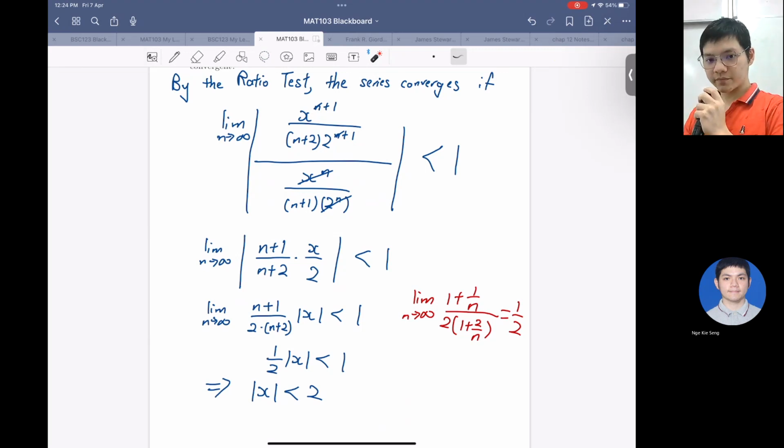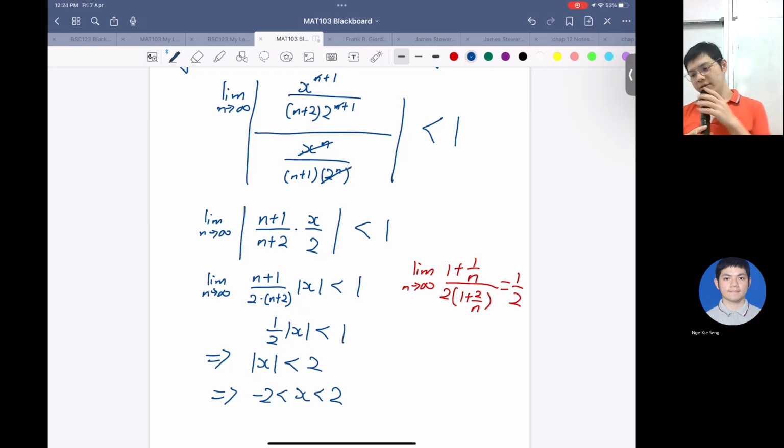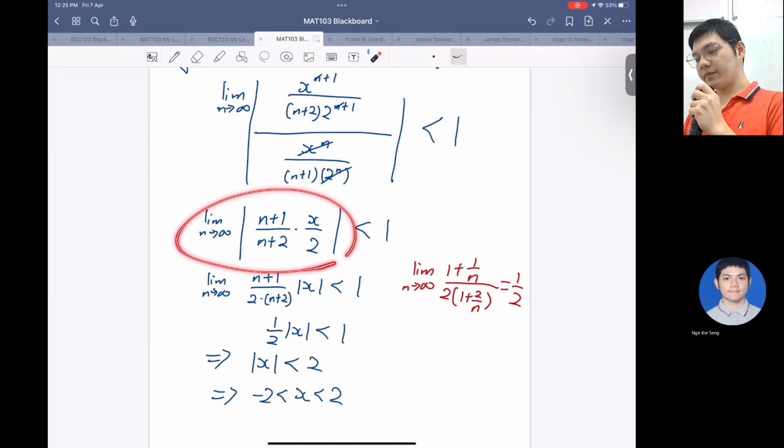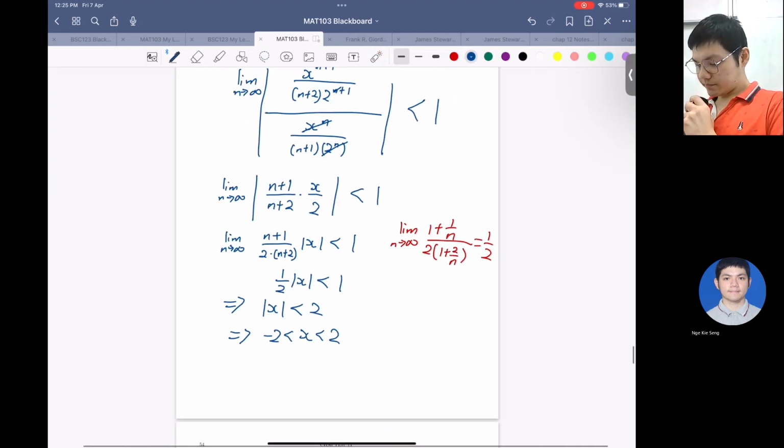Okay. So what about at minus 2? When x is minus 2, this limit equals what? Let me write up.